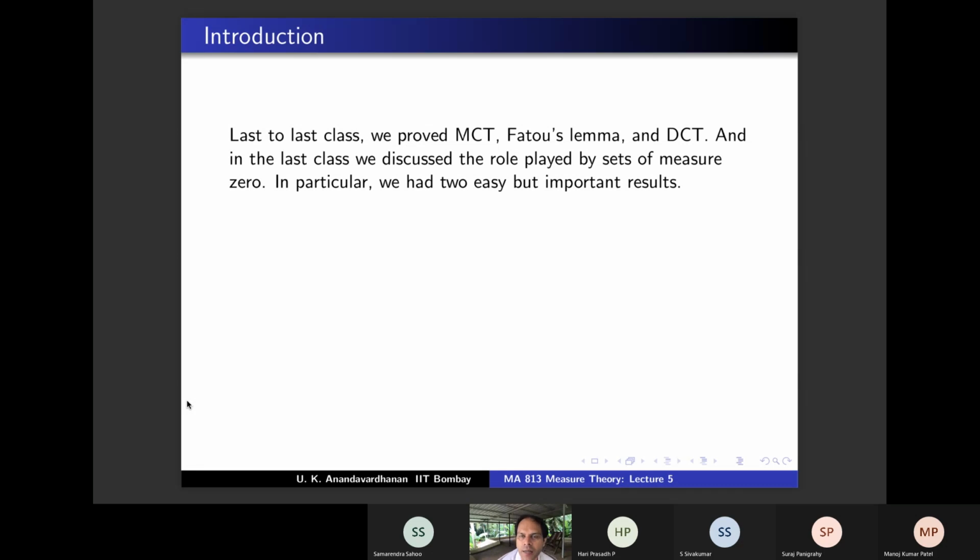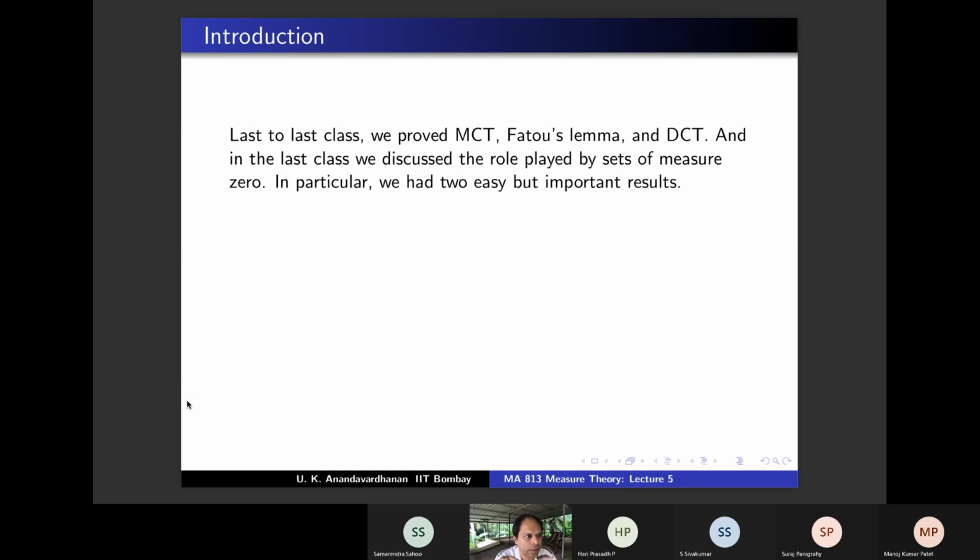This summation of chi A_n, if at one point it is infinity, what does that mean? That means x belongs to infinitely many A_n's. So whenever x belongs to infinitely many A_n's, this function will be infinity.